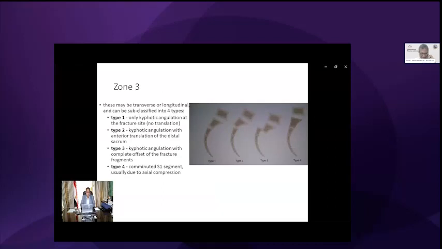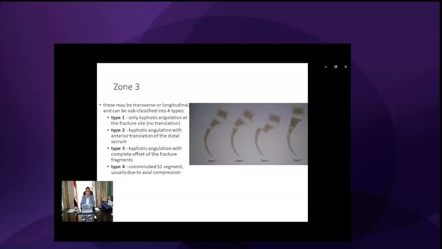Zone 3 fractures, which are medial to the sacral foramina and passing into the neural canal, are important because of their consequences, especially the neurological impact, and thus they are subclassified according to the displacement of the usually present transverse fracture line into type 1, which is minimally displaced, only kyphosis, and more kyphosis with more angulation, and completely off-ended, and it could be fragmented but in the same place without enough displacement.